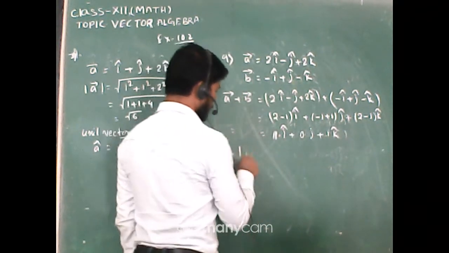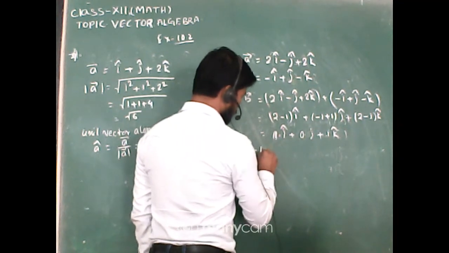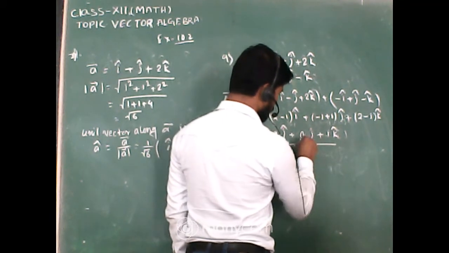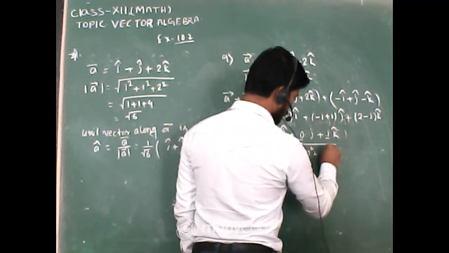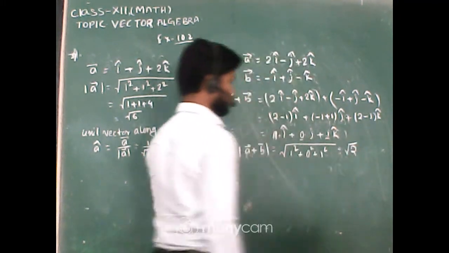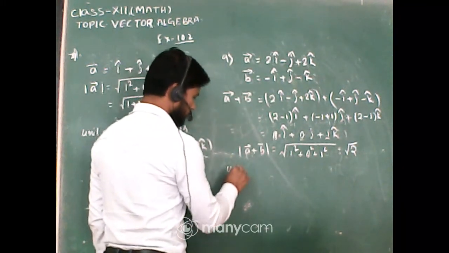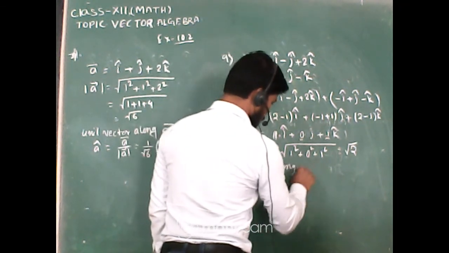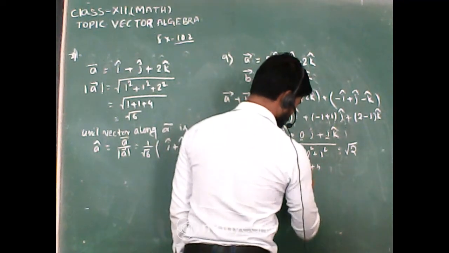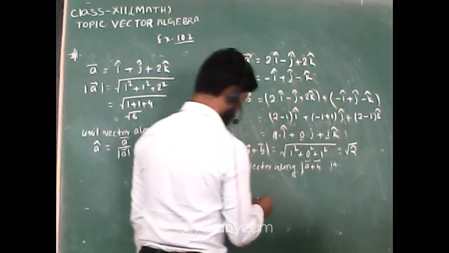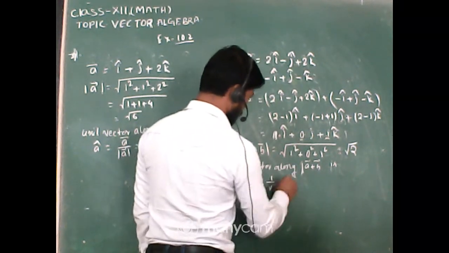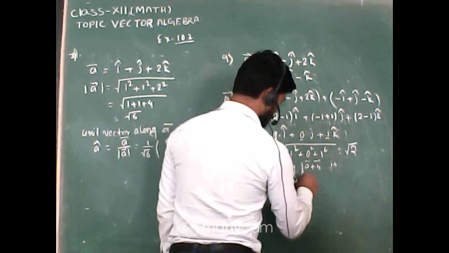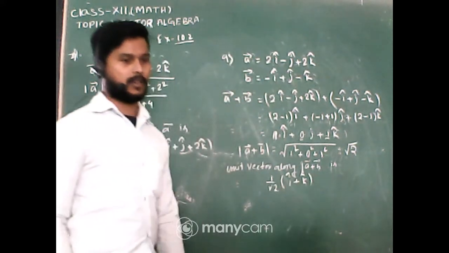Now find the magnitude of the A plus B vector, which is under root of 1 square plus 0 square plus 1 square, that means root 2. So the unit vector along A plus B is 1 by root 2 into the A plus B vector, means i plus k.